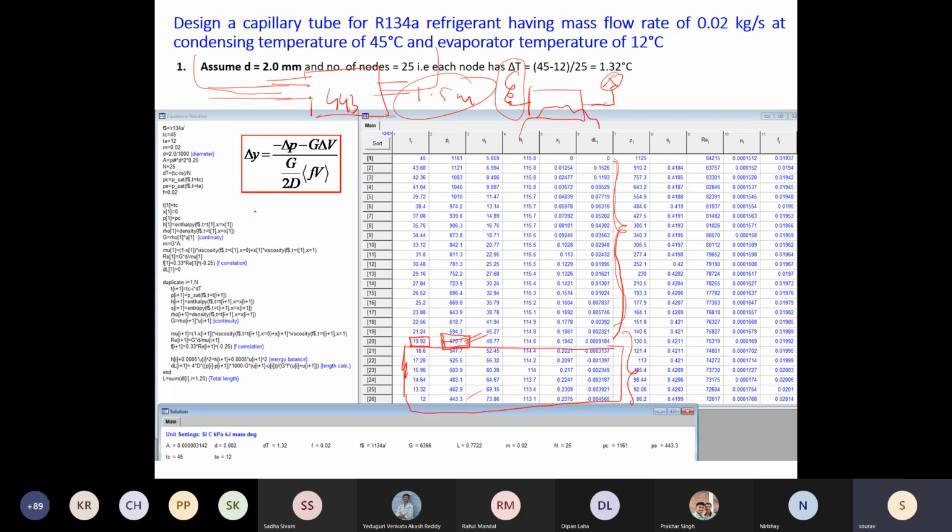Okay, so if I were to plot the m dot, at whatever 19.92 evaporator temperature, it will deliver 0.02 kg per second. After that, it is getting choked. So this condition is called the choked condition of the capillary tube.